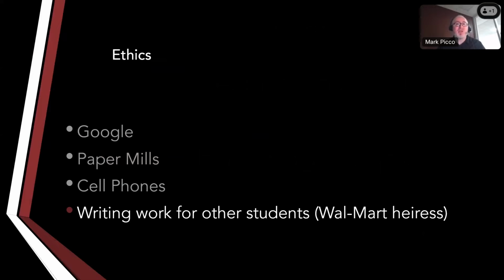And that student actually dropped out of school to basically write the papers for the Walmart heiress full time. So as you can see, there are many, many ways in which things like technology, or even in some cases, other people can be used to cheat.